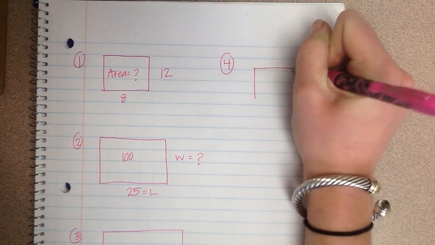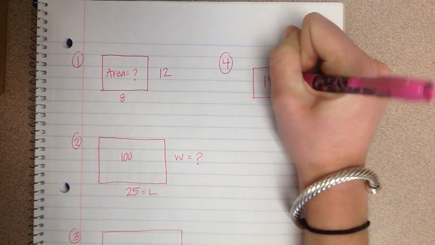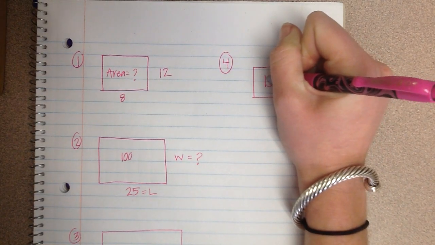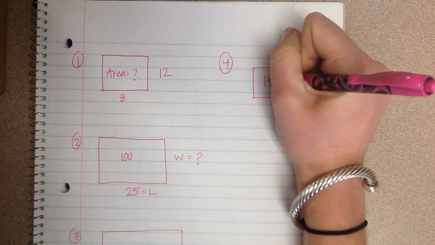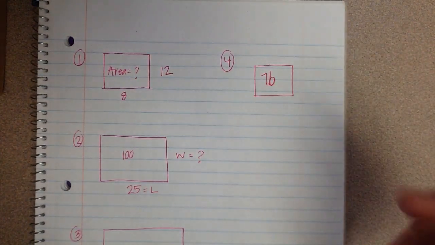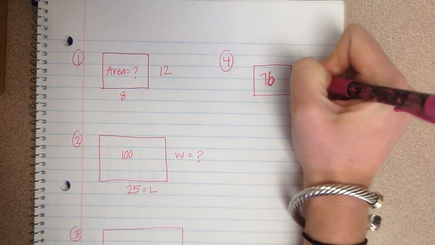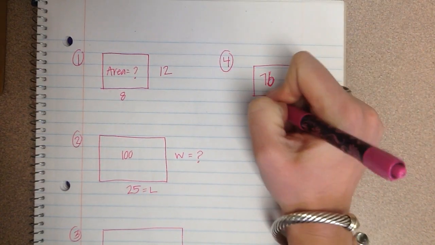The area, we'll say 100, that might be too high. We'll say 76. What is the width? And what is the length?